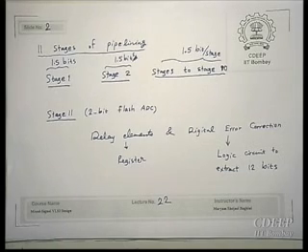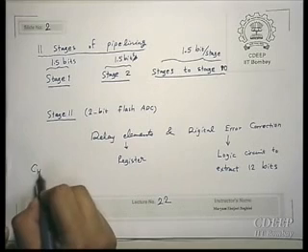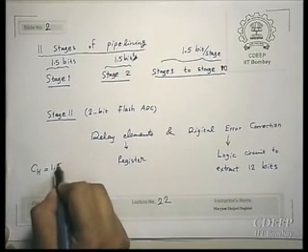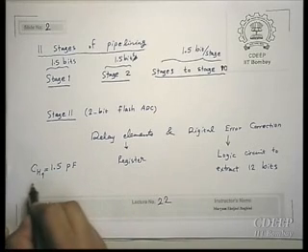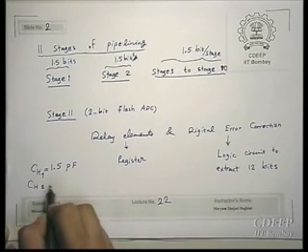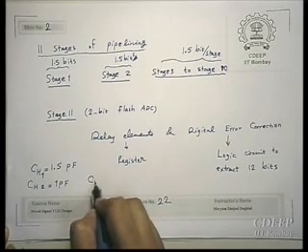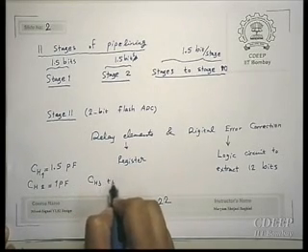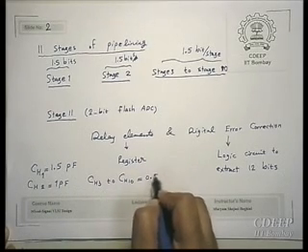Okay. So because of the noise issue, for the first stage, the whole capacitor is 1.5 picofarad. For the second stage, it is 1 picofarad. And for the remaining stages, it is 0.5 picofarad.